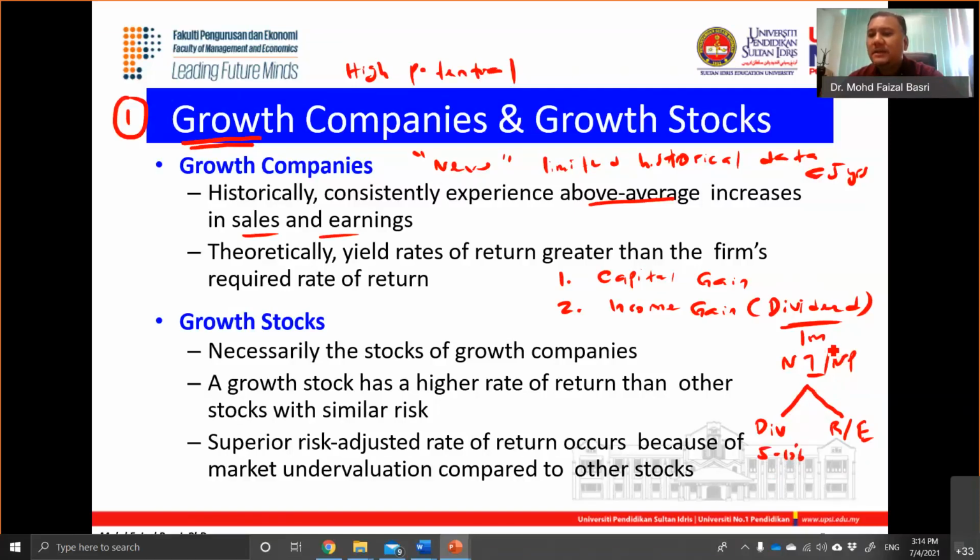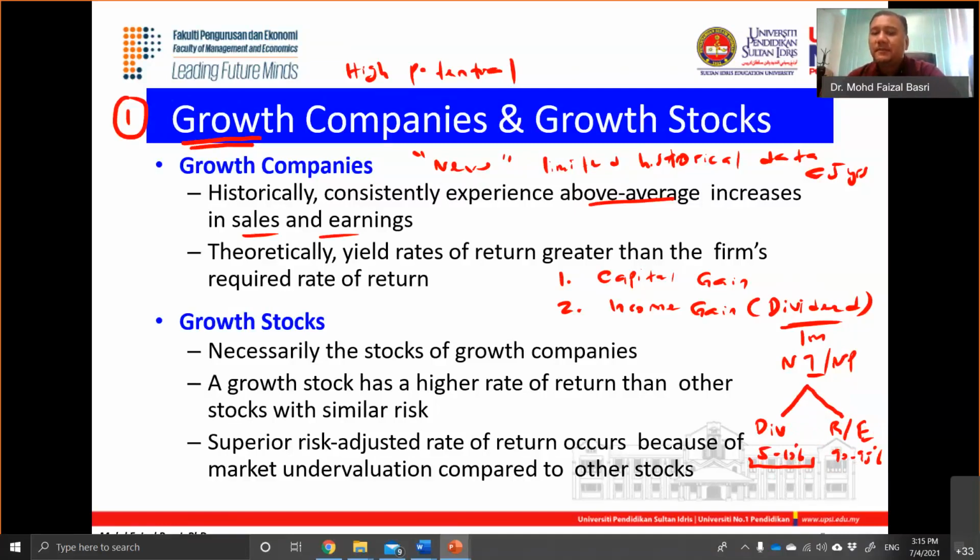The rest of the money, 90 to 95%, they will reinvest in retained earnings. So as investors, will we enjoy the dividend? Obviously not, because the dividend payment is low.